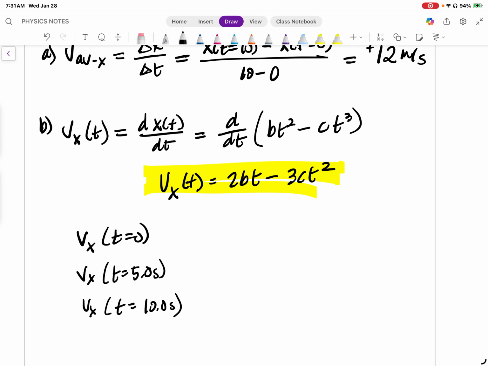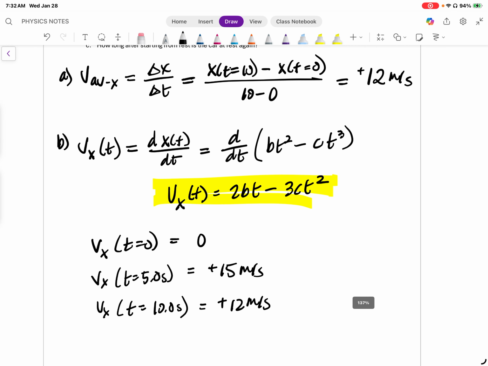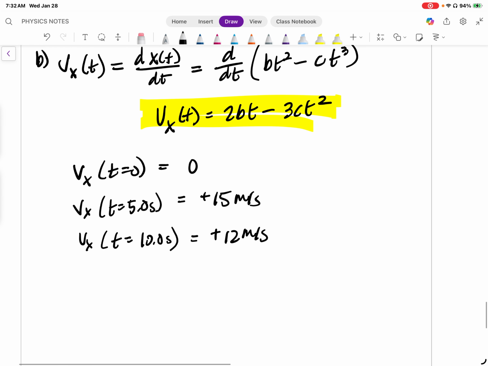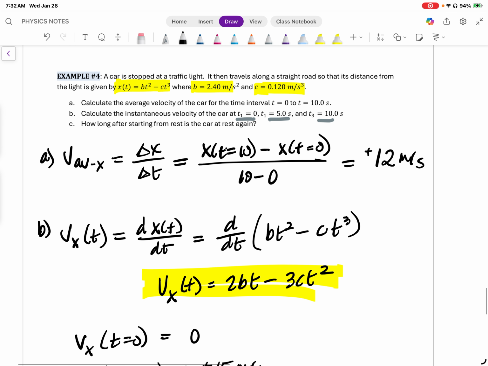So I'm just going to plug that 0, 5, and 10 into that expression we just calculated. So I'm going to just throw those numbers up here. This is going to be 15 meters per second. And then that last one is going to be 12 meters per second. Okay, so once I have that general expression, I can find my instantaneous velocity at any time.